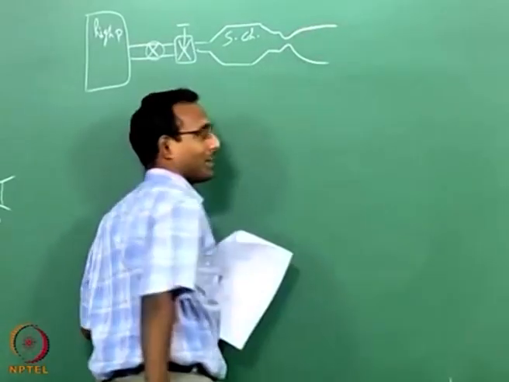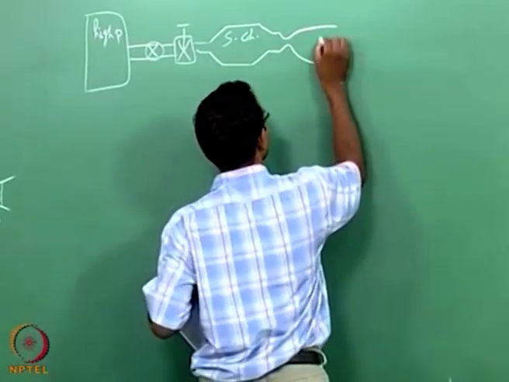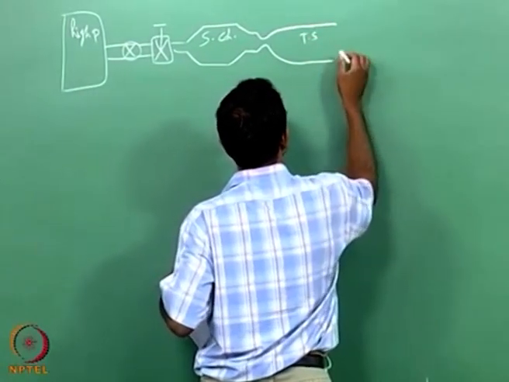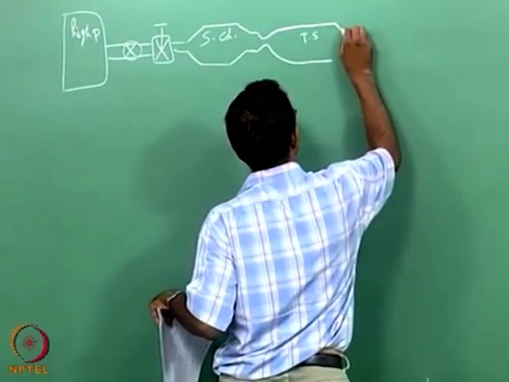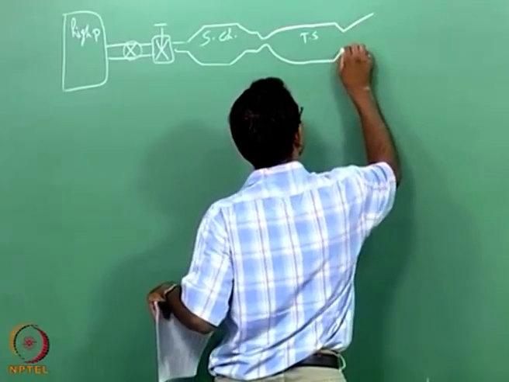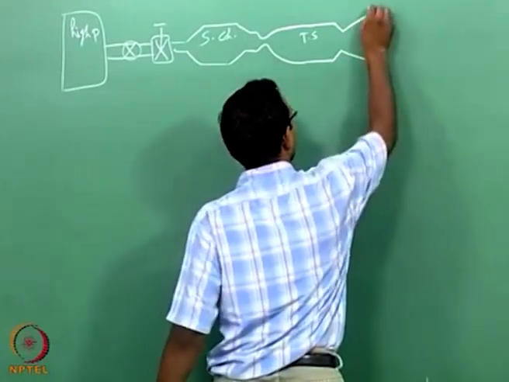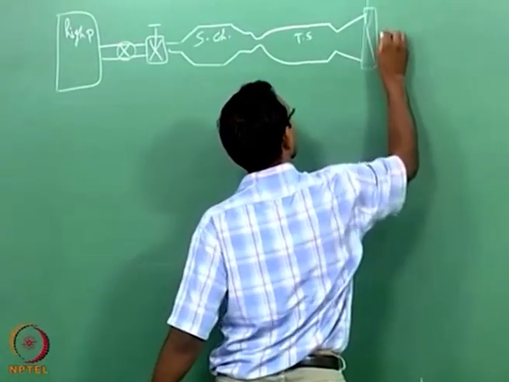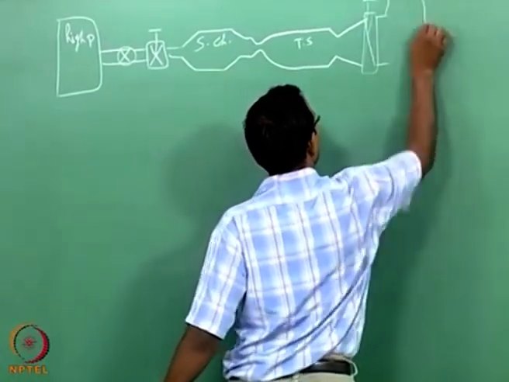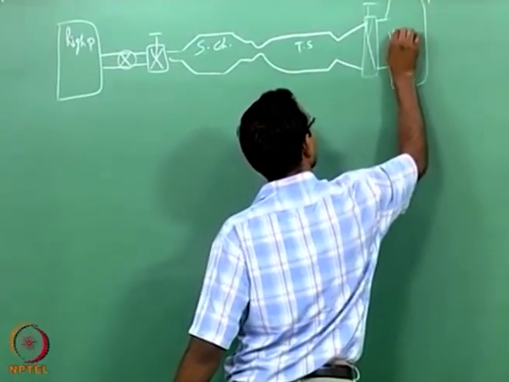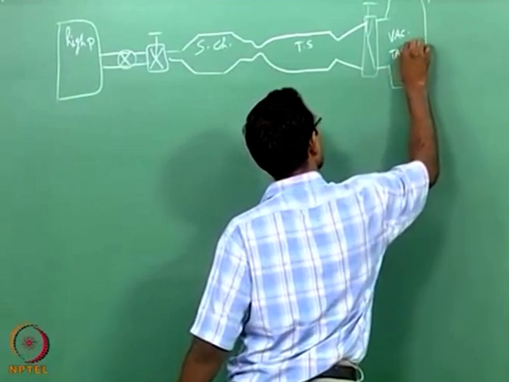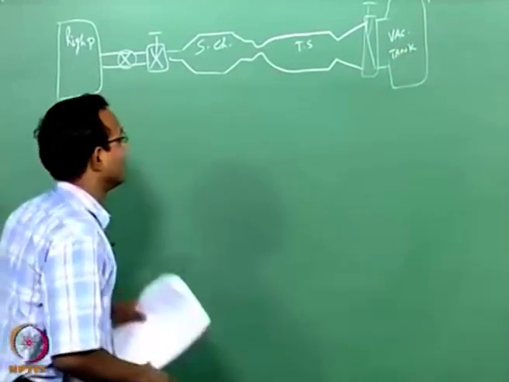I will typically draw a bigger size test section for this, the A by A star bigger, to emphasize that it is a much higher Mach number condition, and everything else is similar. I am going to have another system with control here and then a vacuum tank. I will have a vacuum tank on this side.